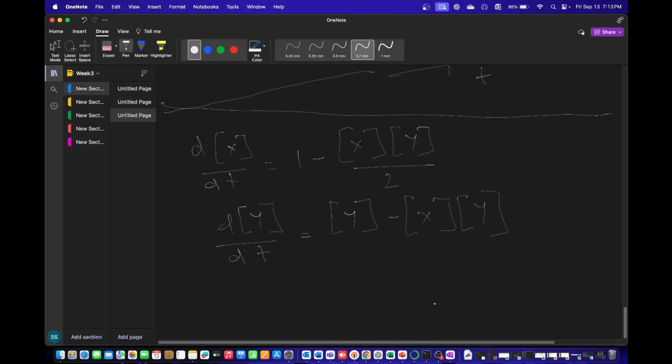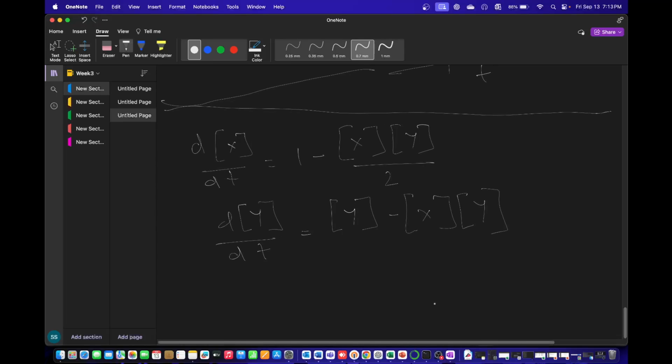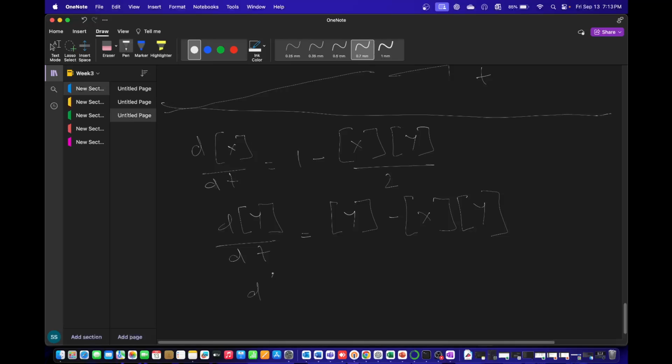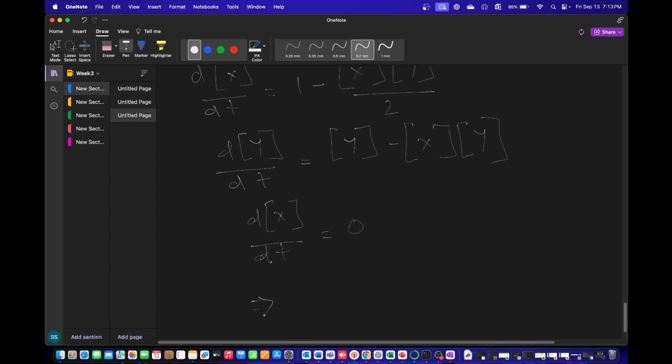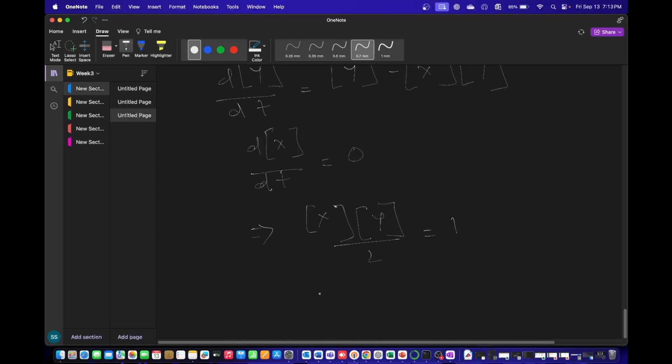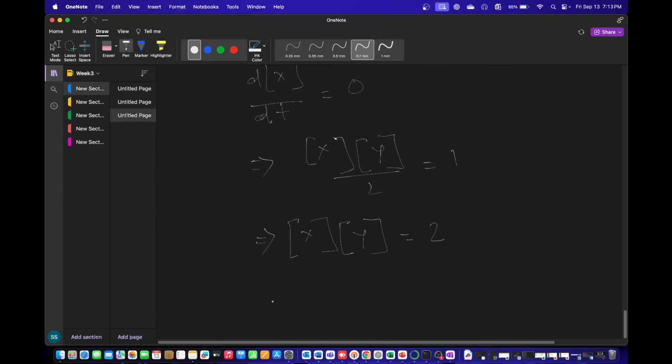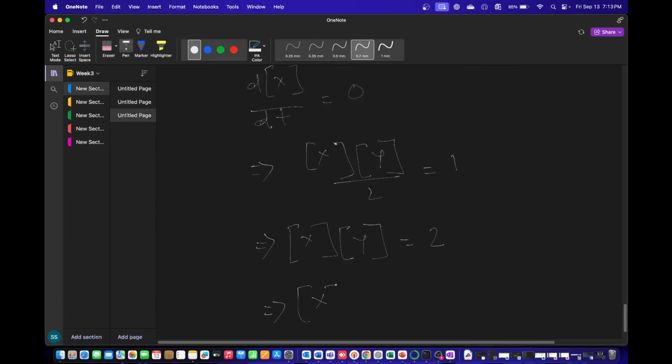Now you're asked to find the null line of x and y both. So for x, dx/dt equal to 0. So this becomes xy by 2 equal to 1. So xy equal to 2, or x is 2 by y, right?